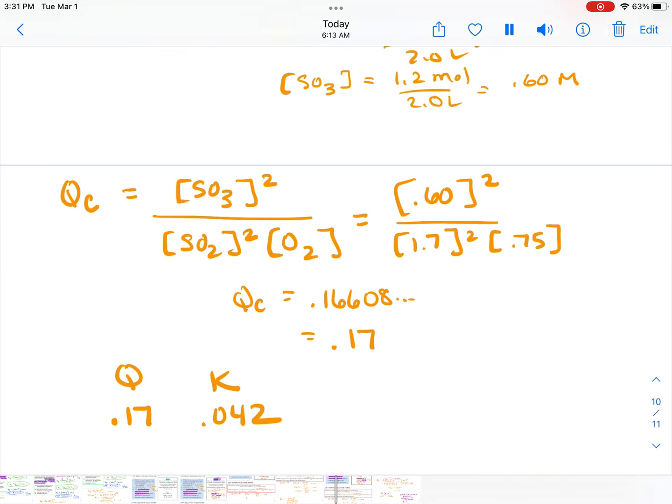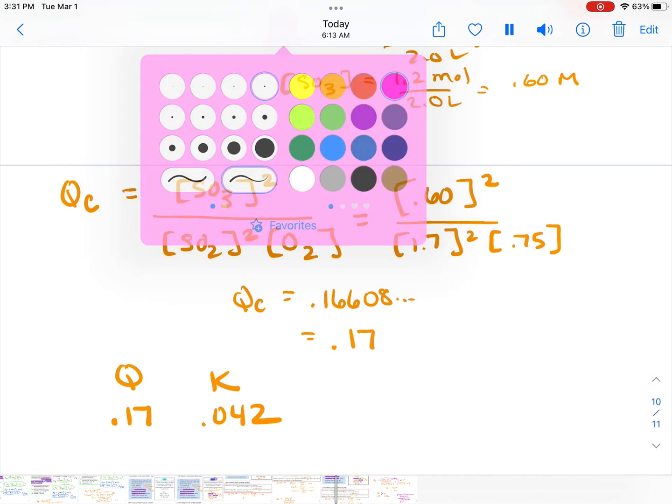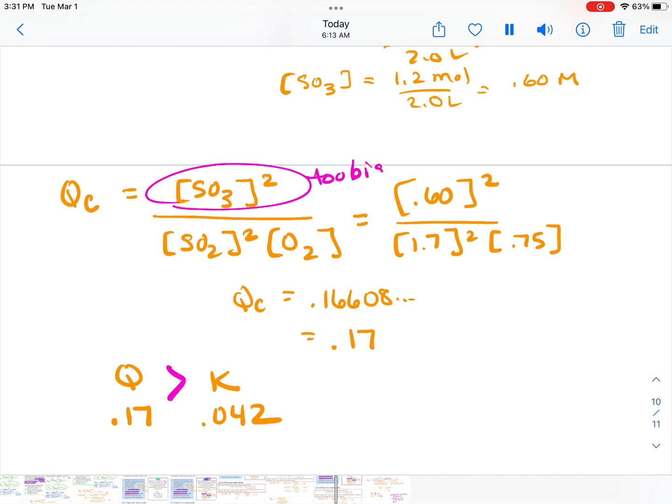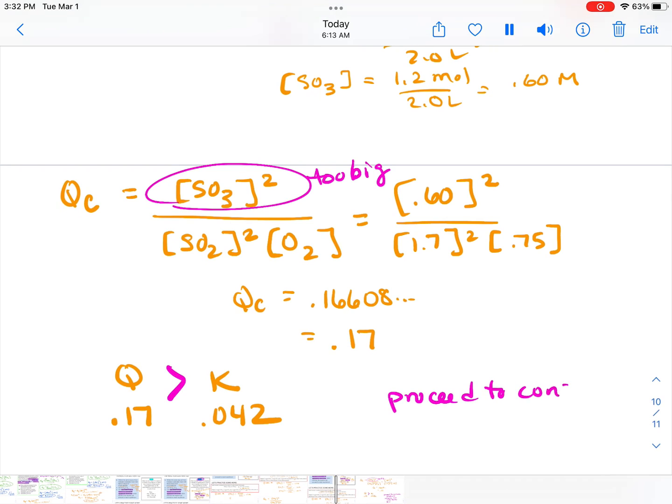So this would be 0.042, which means that Q is definitely larger than K. So your trick would be that this tells you that the numerator is too big because Q is larger than K, and that's the products, which means that we need to proceed to consume the products.